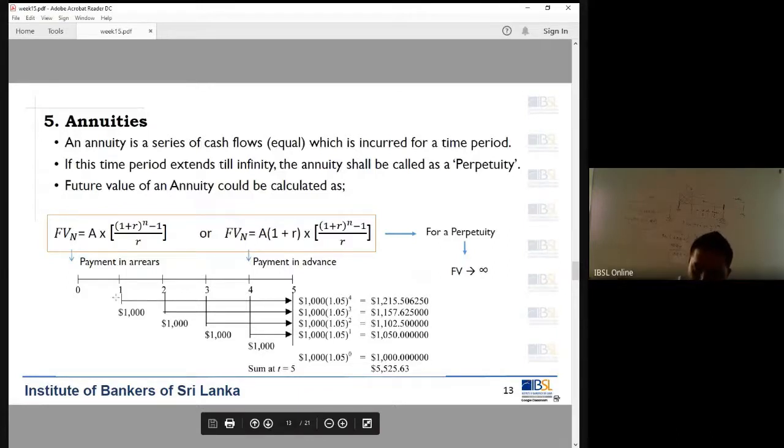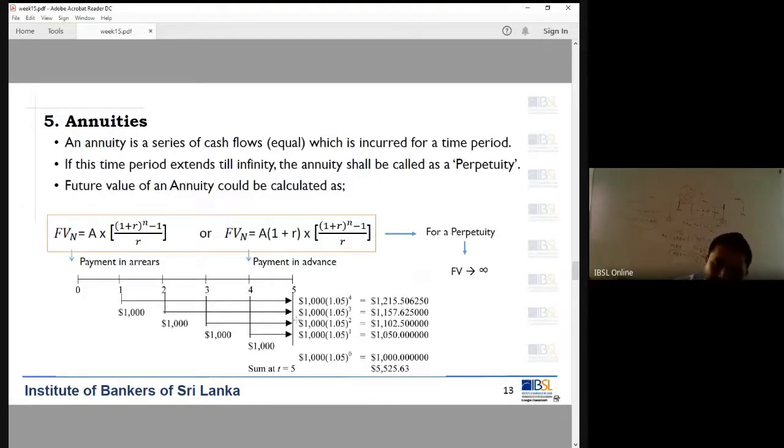So the sum of these 5 cash flows is going to give me a value of 5525. So this is one method where you can find the future value, the value after 5 years, provided you see $1,000 of payments in equal terms for 5 years.